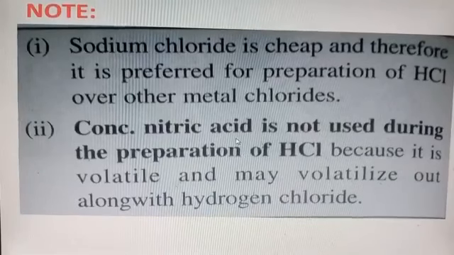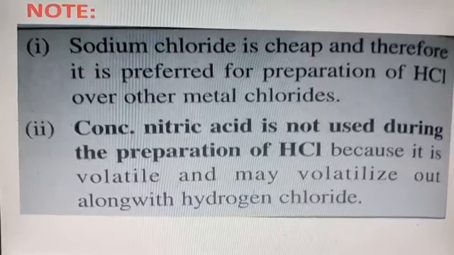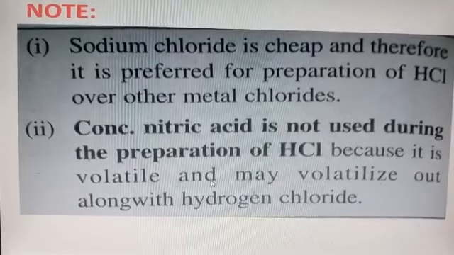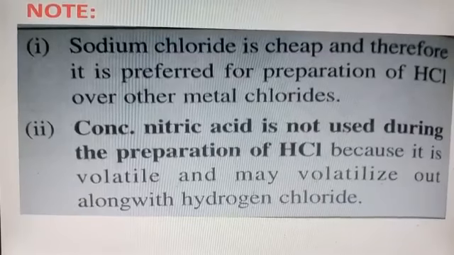Then the reason why we do not heat it above 200 degrees Celsius is that at higher temperature the apparatus which is made of glass may crack. Why are we not heating the mixture above 200 degrees Celsius? Because the apparatus made of glass may crack, and our intention is to get hydrogen chloride gas only.